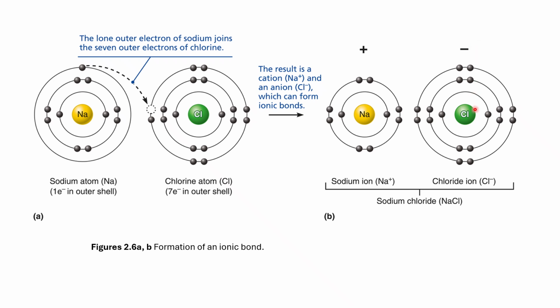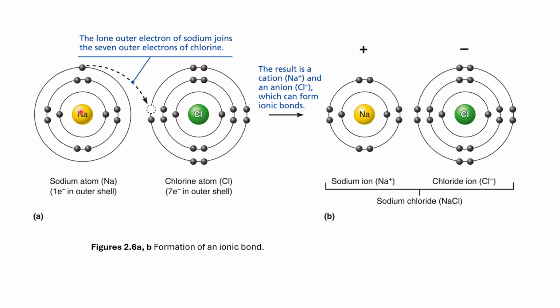And positives tend to go with negatives. The opposites attract. So what happens is the chlorine and the sodium combine to form table salt, sodium chloride. And that's an ionic bond.